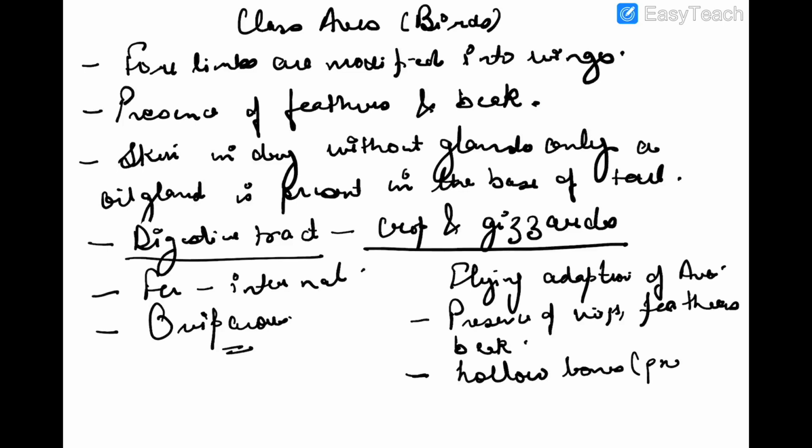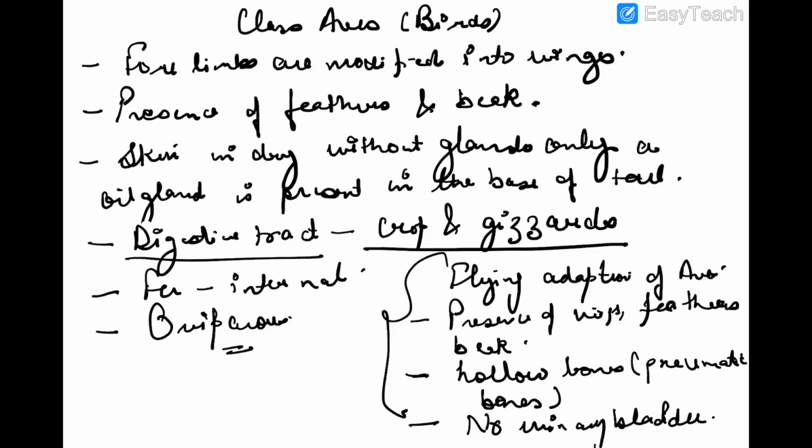These are also known as pneumatic bones, which help them to reduce their body weight, which aids them in flying. And they also have no urinary bladder, so that their weight becomes less and they can easily fly. So these are the flying adaptations of aves.